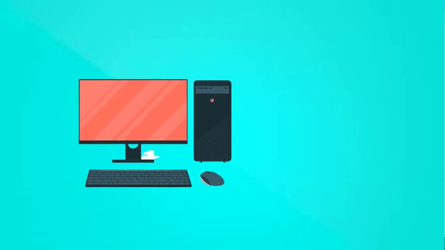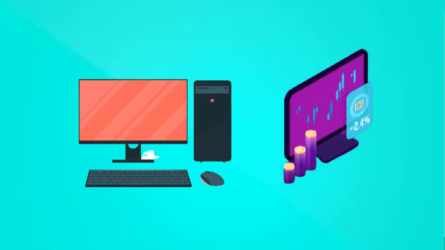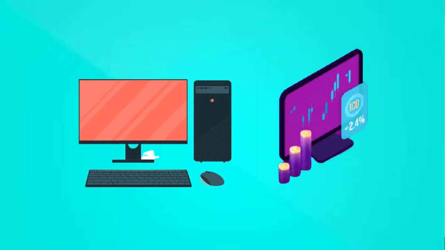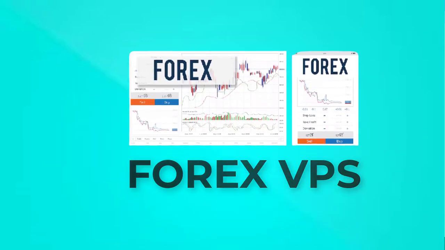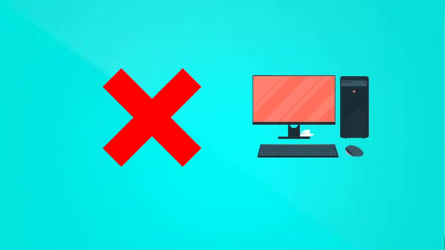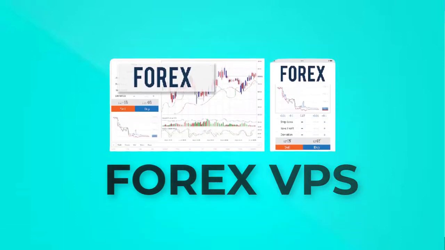That other computer, a remote computer, is a Forex VPS. It is definitely the best option for testing, demonstration, or any kind of evaluation before actually proving that it works for you. Never use your local computer, because if anything goes wrong, your data, your accounts, your computer, everything will go down. So we definitely recommend you go with a Forex VPS.